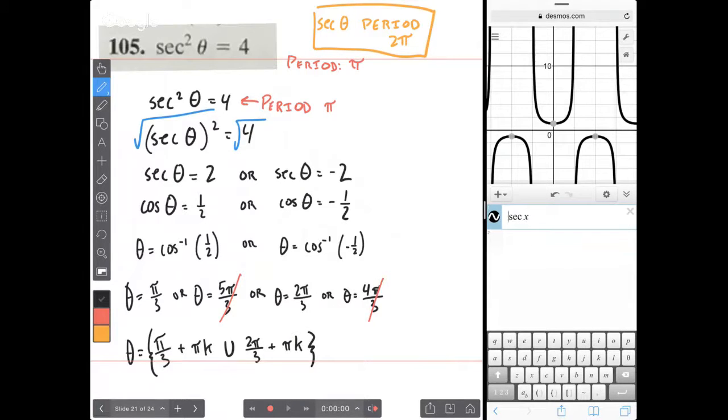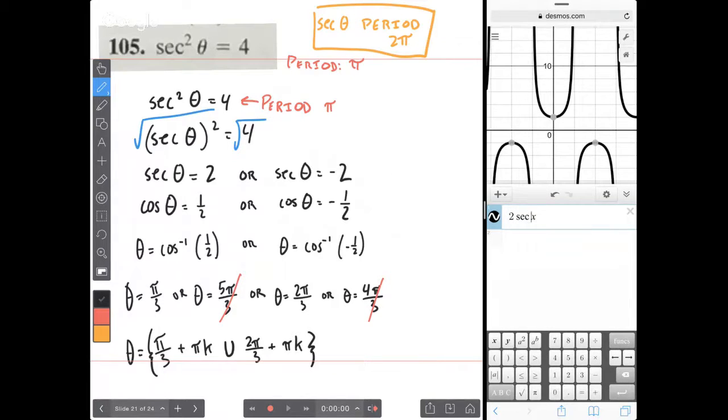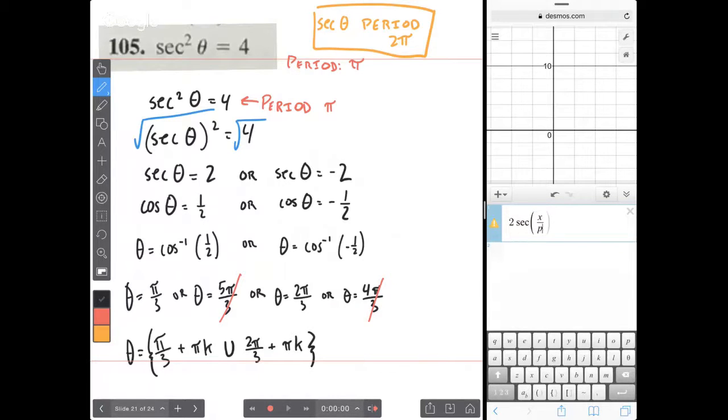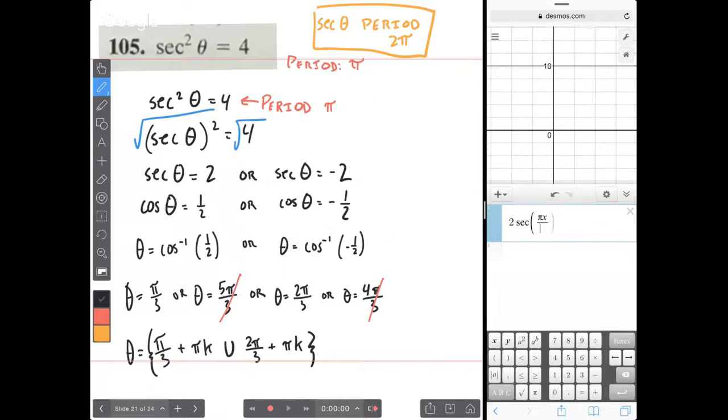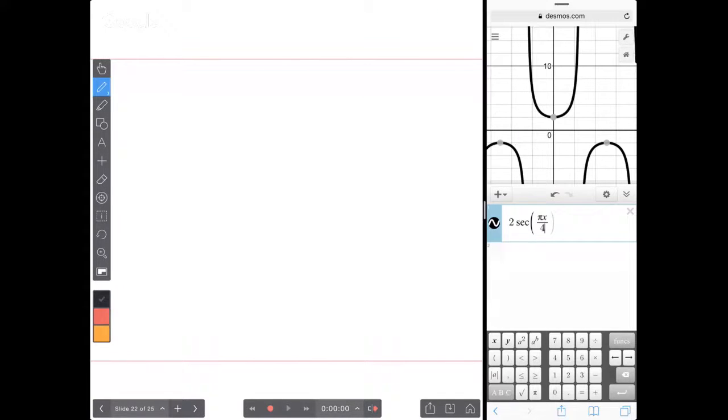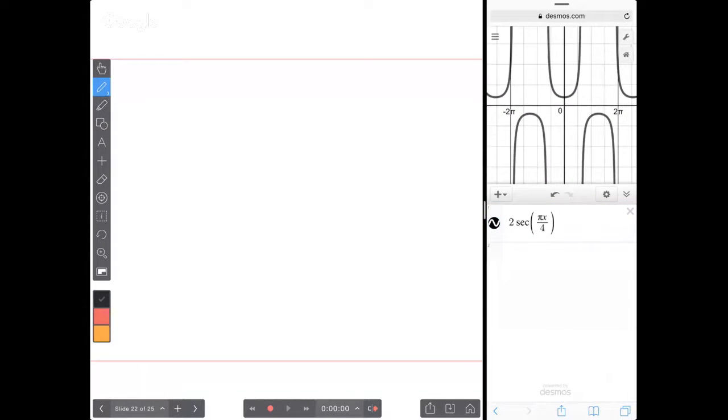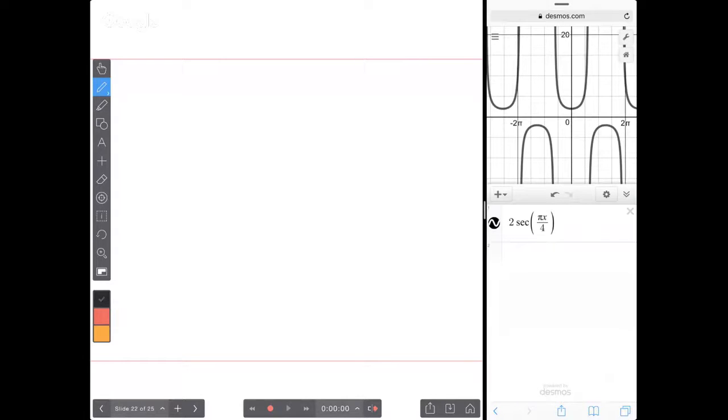Let's do, how about 2 secant of pi x over 4. That looks nice. Let's do that one. Okay. So f of x equals 2 secant of pi x over 4.